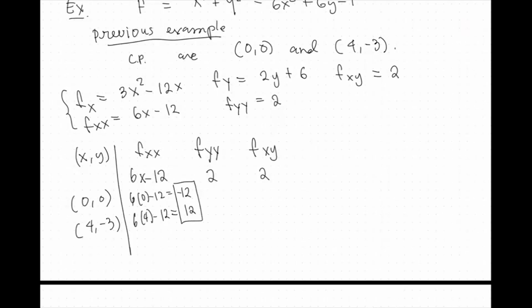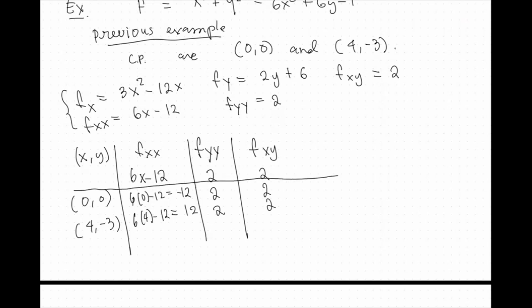So this is our part here. For this column, we get 2, 2. And f sub xy is the same in both. So D, for the first one, is this multiplied by this, minus the square of this.